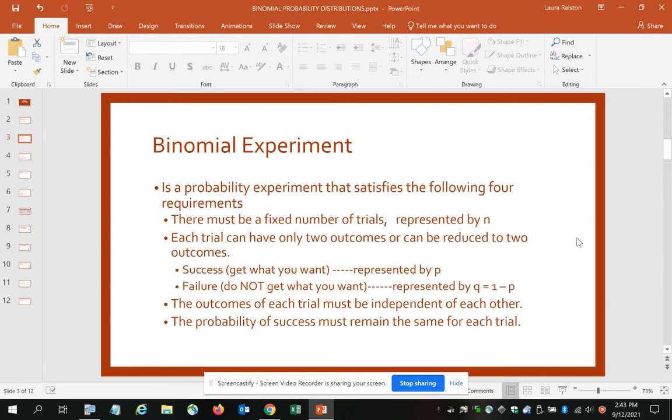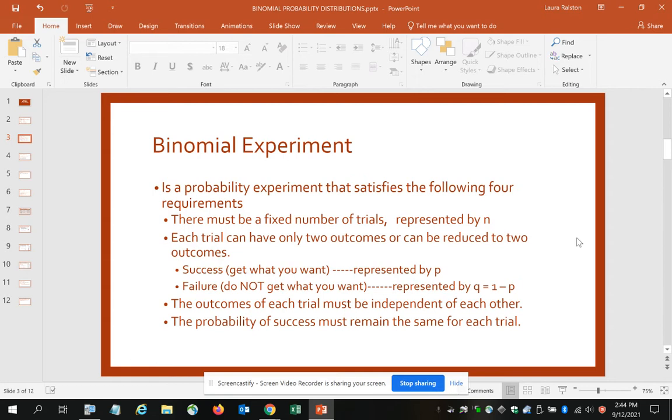or can be reduced to two outcomes. And we typically refer to those two outcomes as a success, meaning you get what you want, and it's typically represented by a lowercase p. Or you have a failure, which means you do not get what you want, and that's usually represented by q. And the relationship between p and q, you can look at it one of two ways.